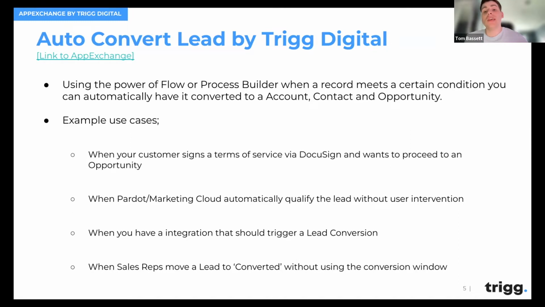And as with the standard lead conversion window, you can optionally create an opportunity. You don't have to, but within your Flow or Process Builder, you can configure the options and set particular conditions, which I'll show you in just a second as part of the demo.